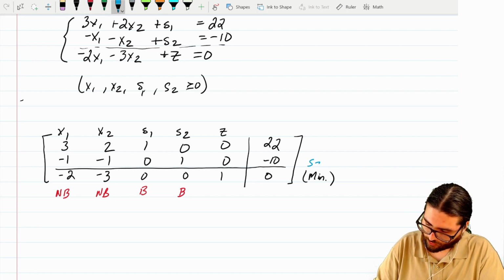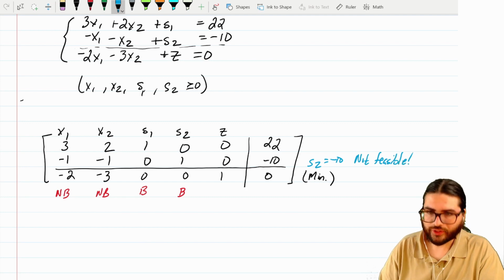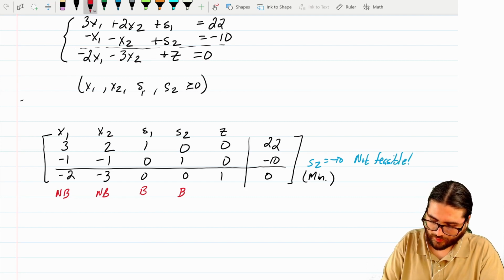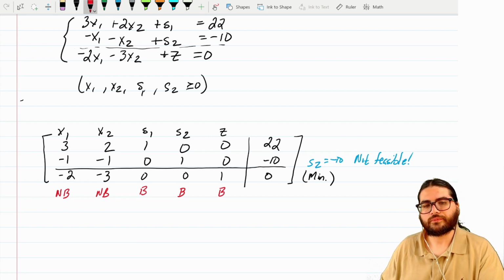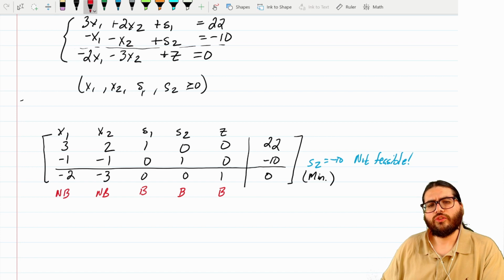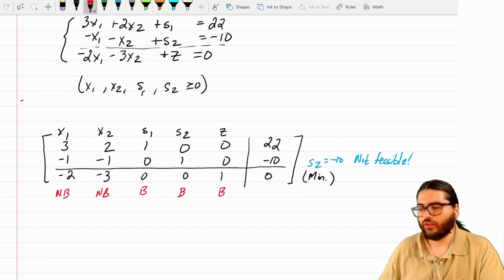I mean, s2 is negative 10 here. That's not allowed to be that way in my optimal solution. It's not a feasible solution here. That's all right. Z is always basic. Right now it's equal to 0. So let's do some dual simplex method sleuthing.